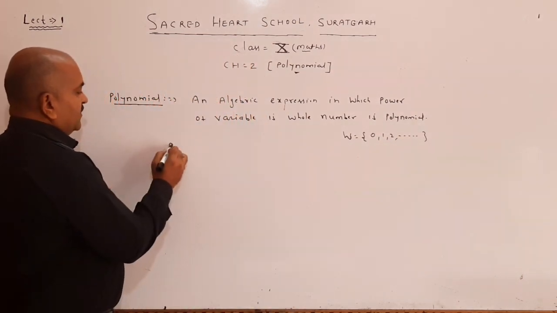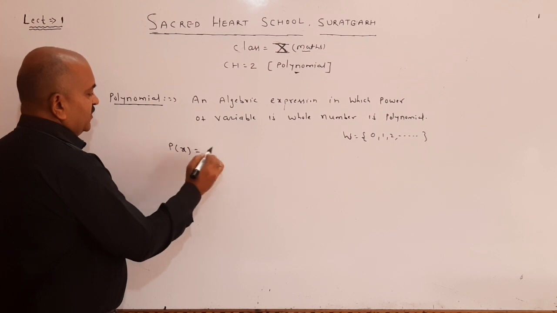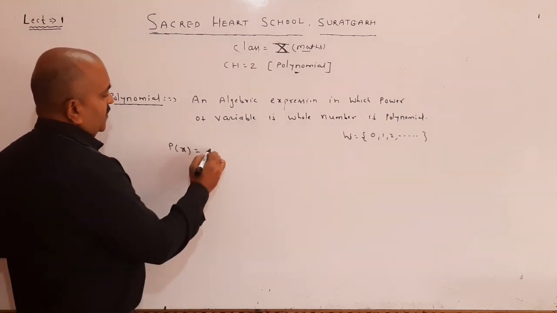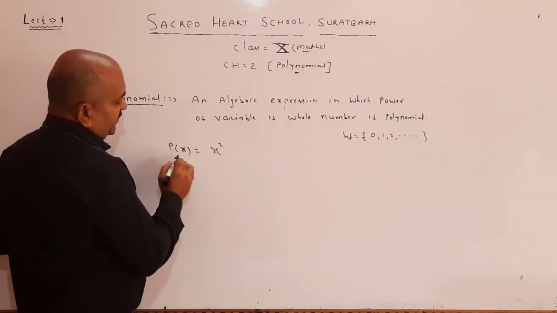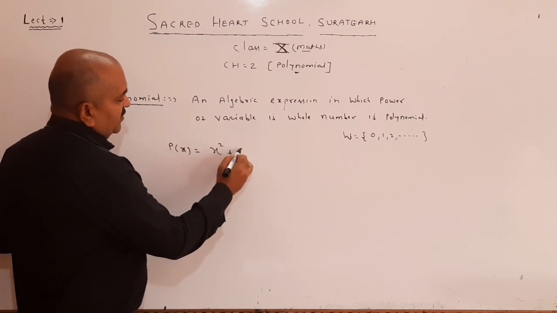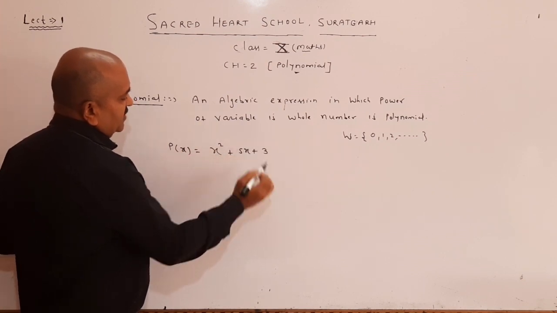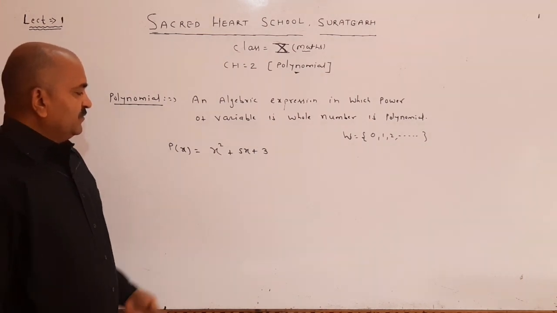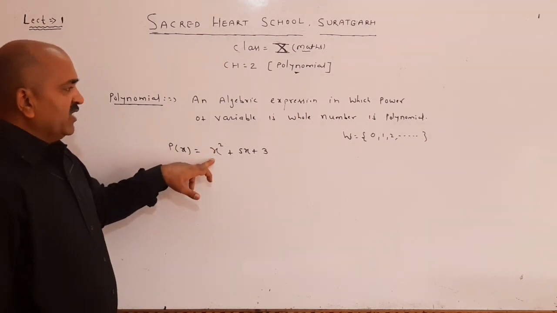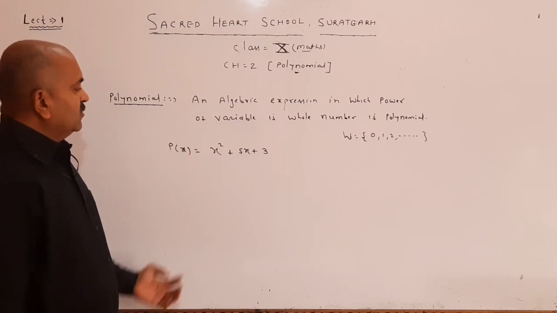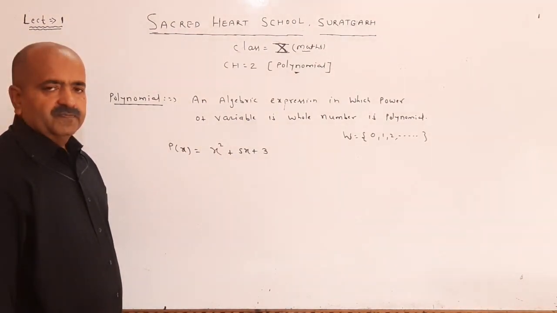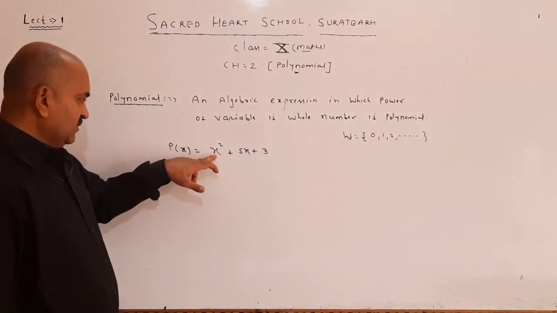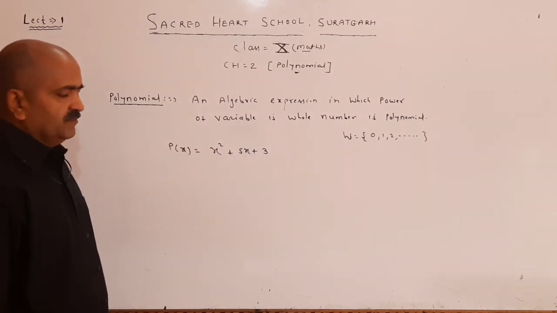Now, an example of polynomial. Suppose a polynomial p of x equals x square plus 5x plus 3. According to the definition, the power of the variable must be a whole number, and x is the variable, the unknown value.